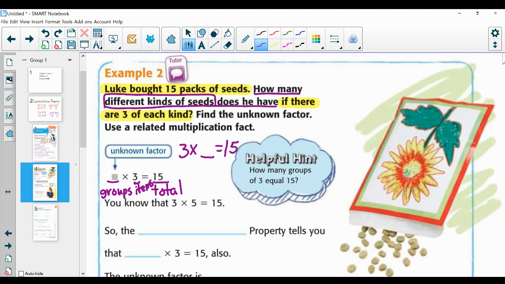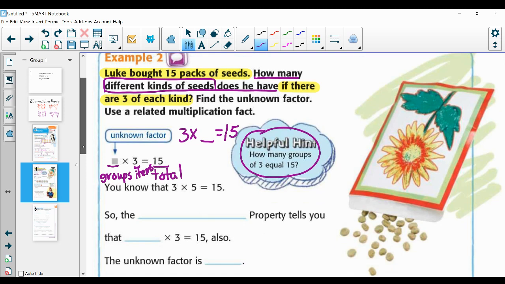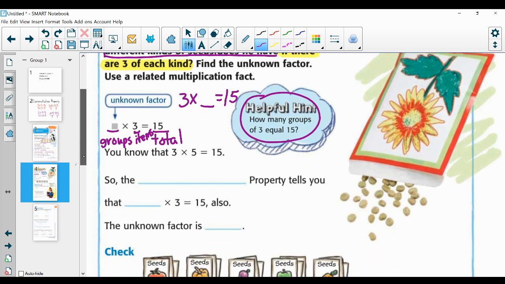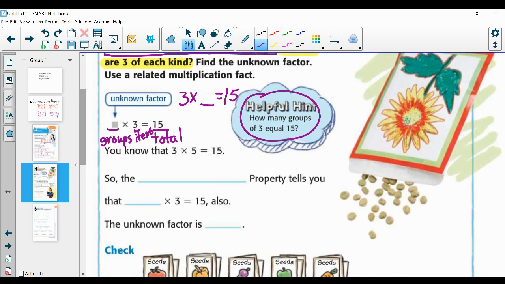Now look at the helpful hint right here. How many groups of 3 equal 15? Well, I could skip count on my fingers. I could use an array. I could use equal groups. So let's see what we have here. You know that 3 times 5 equals 15. 3, 6, 9, 12, 15.